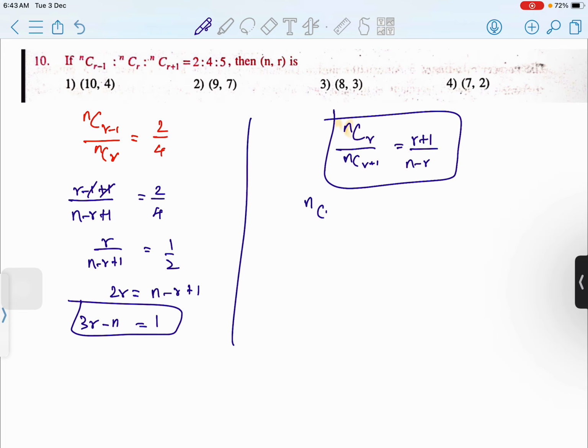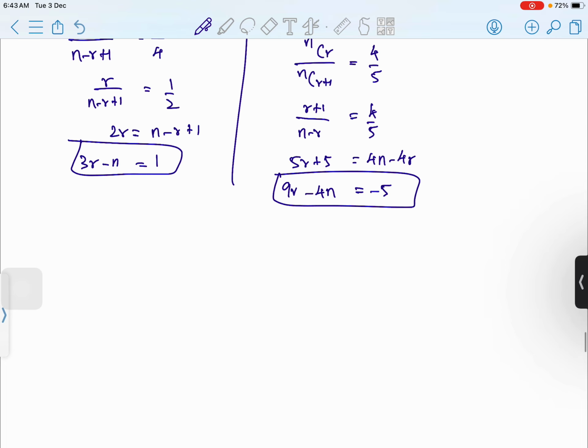Similarly, if you compare the next two, nCr by nC(r plus 1) is 4 by 5, that's nothing but our direct formula itself, so you will get r plus 1 by n minus r equals 4 by 5, cross multiply, 5r plus 5 equals 4n minus 4r, so move everything to one side, you will have 9r minus 4n equals minus 5. So these two equations you solve.